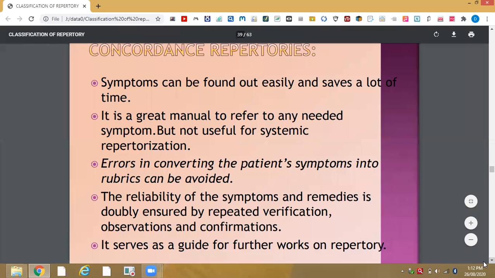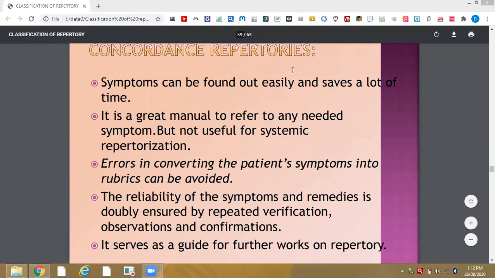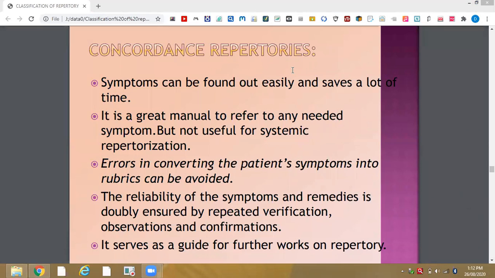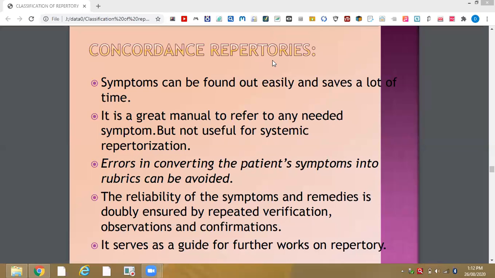Then errors in converting the patient symptom into rubric. Errors in converting the patient symptom into rubrics can be avoided because the symptoms are written as they are, in the language of the patient.